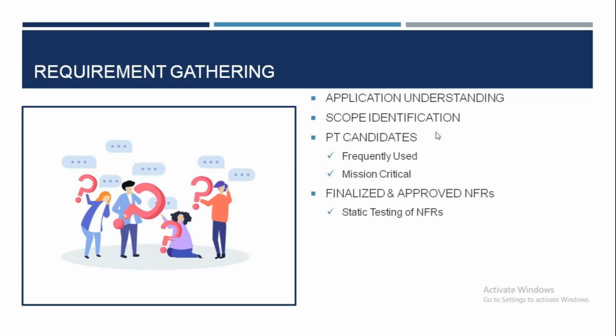Next, you need to have the finalized and approved version of NFRs. What is NFR? Non-functional requirement. Which NFR you are going to test, which NFR is going to be in your scope, you need to discuss. First of all, you will go through the non-functional requirements and analyze them.